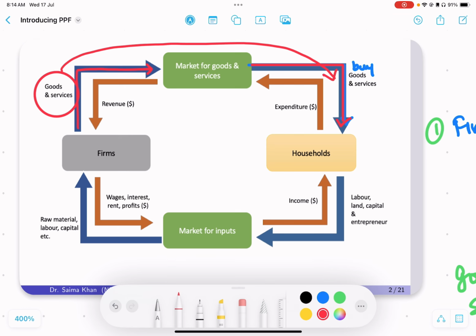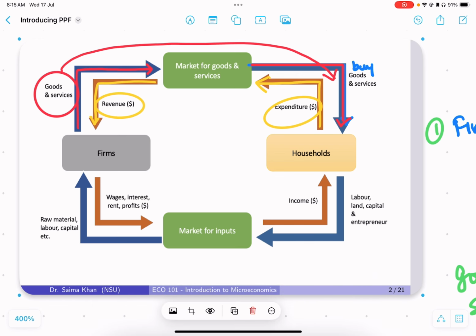And when the households are getting the goods and services, they're obviously not getting it for free. They're spending some money on it, right? So this is what we call household expenditure. So the money that the households have to buy the goods and services, they give it to the firms. When the firms get this money, the technical term for it is called revenue.